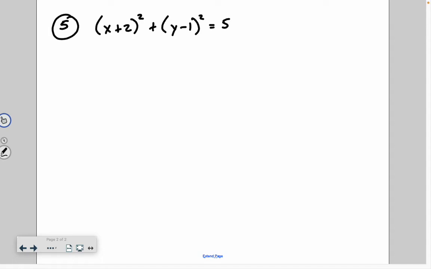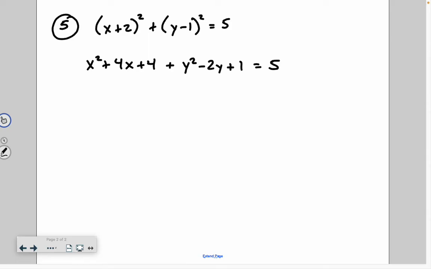So if I multiply out x plus 2 squared, we get x squared plus 4x plus 4. Plus, if I multiply out y minus 1 squared, we get y squared minus 2y plus 1, equal to 5.